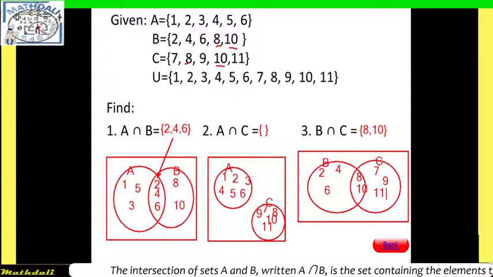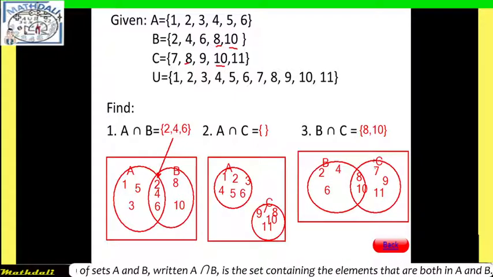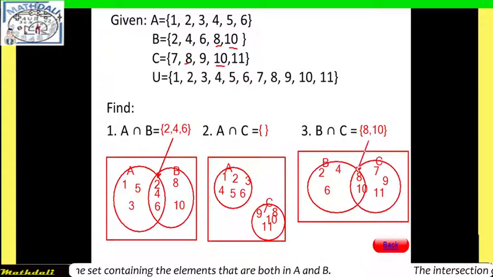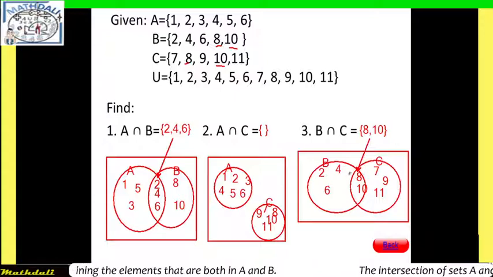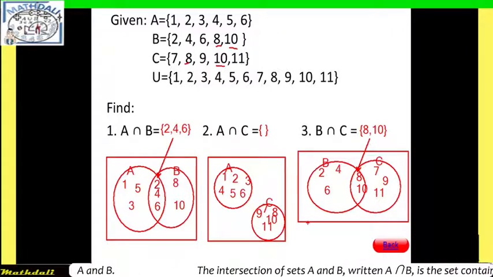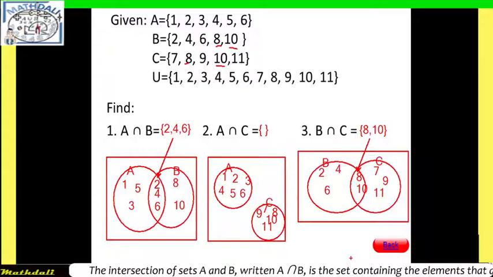So yan yung ating Venn diagram. Okay, so ito yung tinutukoy natin na intersection. Dito nyo makikita yung intersection, of course. Overlapping region ng dalawang set. Okay, so may tanong? So, kung wala, let's now proceed with the next.